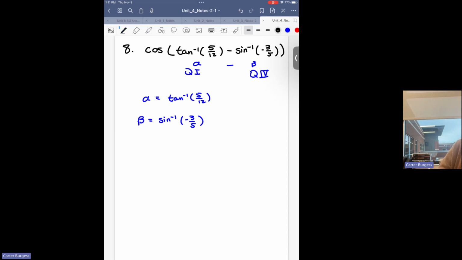What do I know about cosine? Cosine is nice, mean. Cosine separates the cosines from the sines, and to make matters even worse, it's going to switch that minus to a plus.